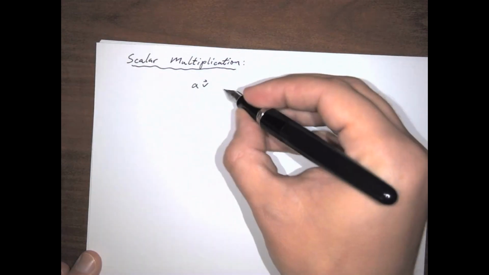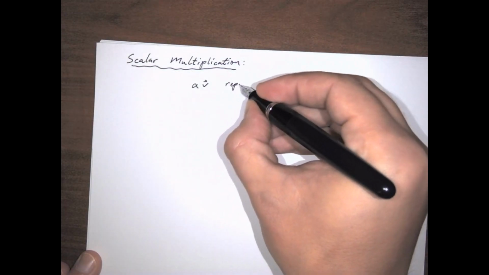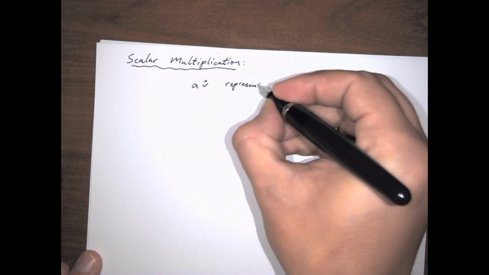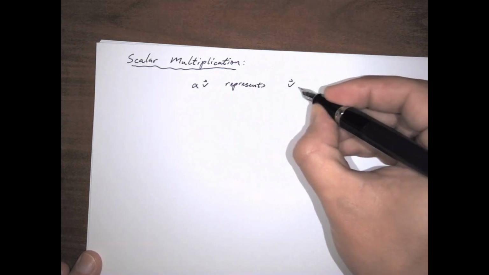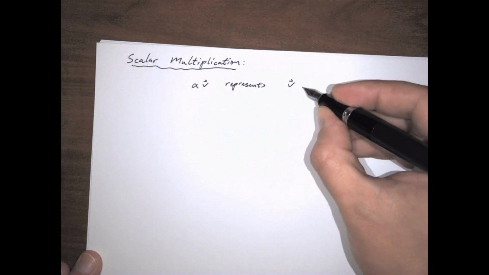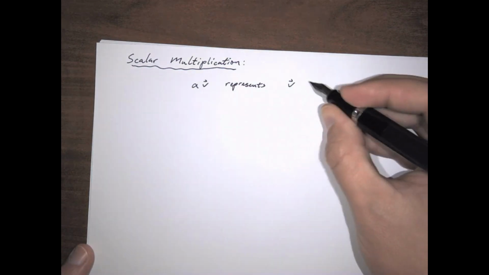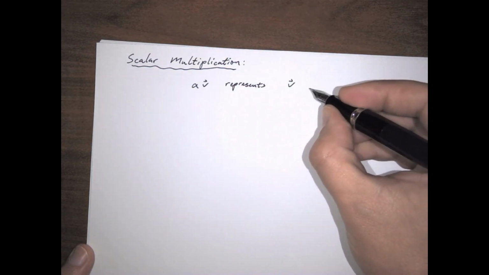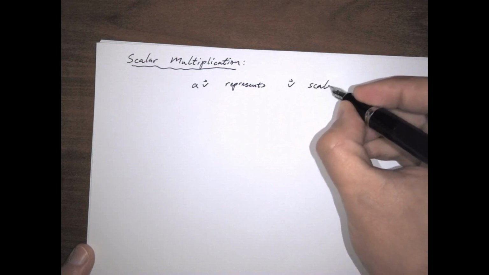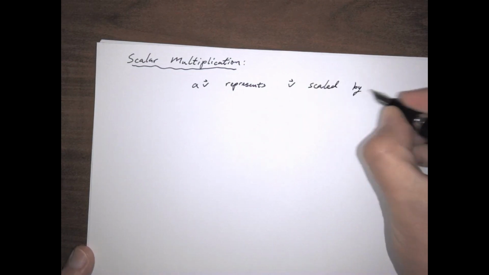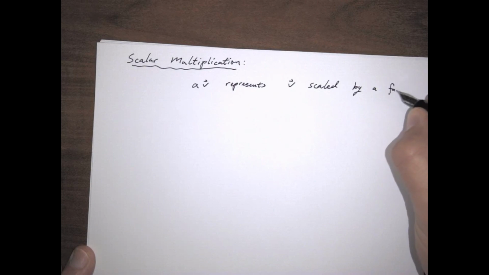So this represents v multiplied by, or let's say amplified or scaled by a factor of a.